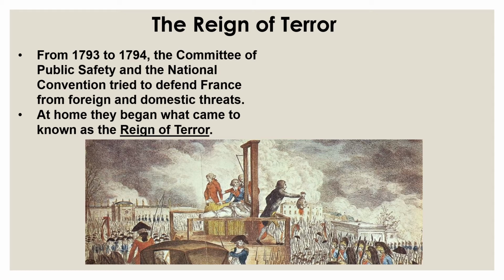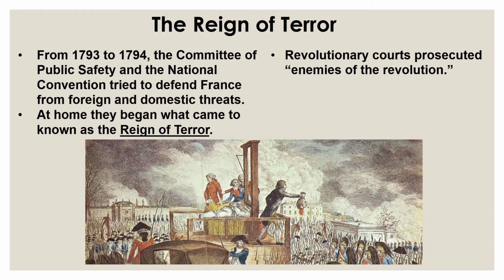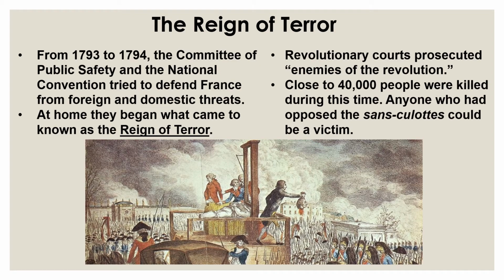And this is where they would use spies to root out anyone that was seen to be against the will of Robespierre and the National Convention. Revolutionary courts prosecuted enemies of the revolution, and close to 40,000 people ended up being killed during this time period between 1793 and 1794. These were French people.